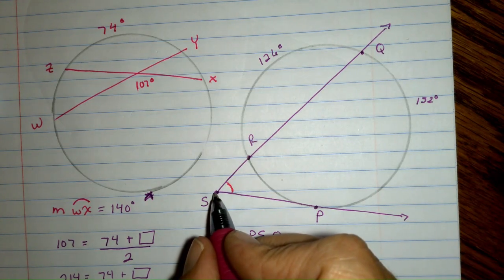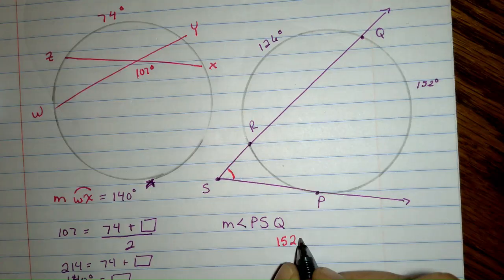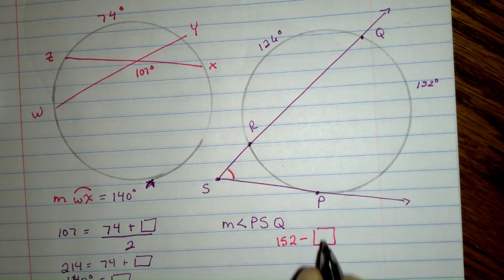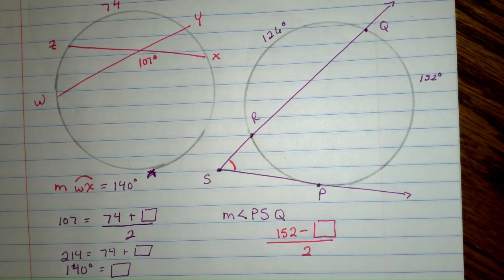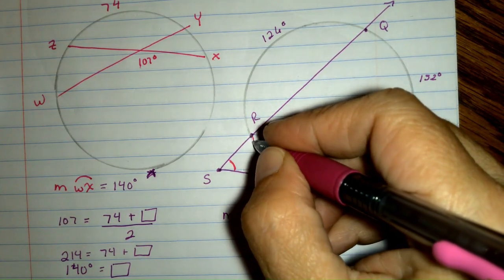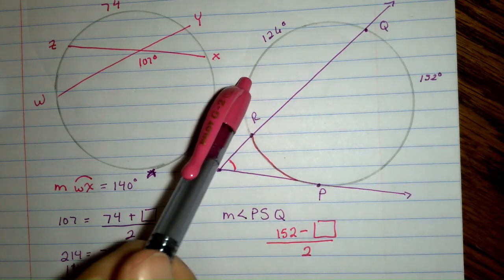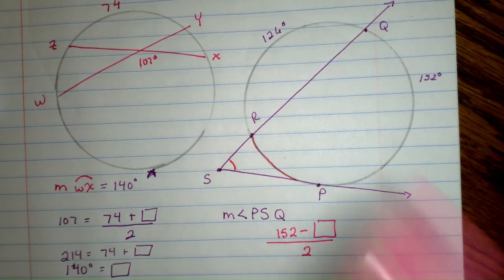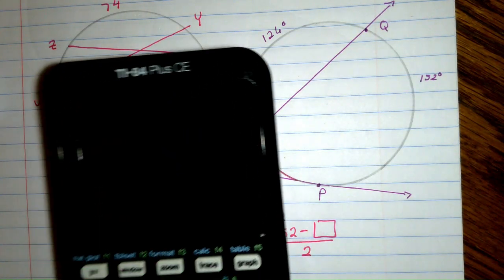Well, it meets on the outside. So it's going to be 152 minus something divided by 2. The problem is we don't know how big this arc is right here. Why did they even give us this 126? Well, a circle has 360 degrees, right?